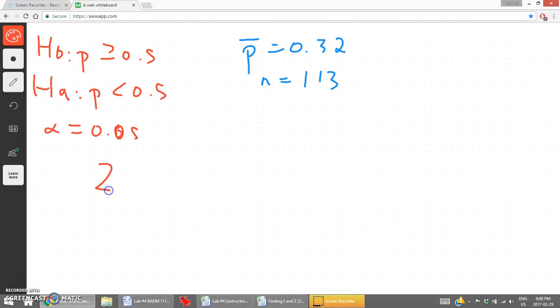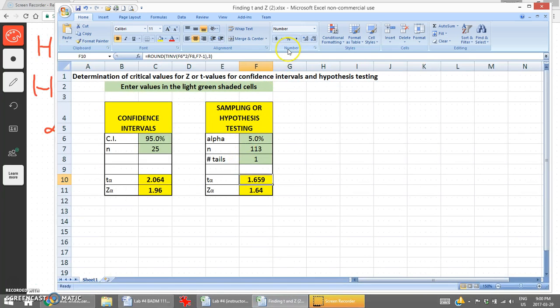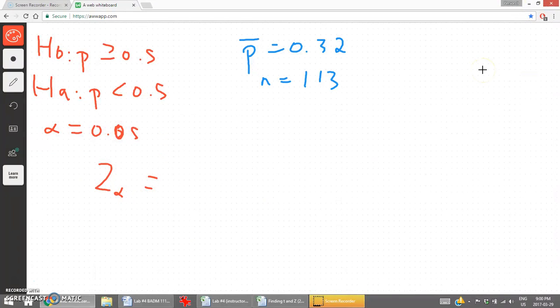For a proportion, we can use a Z value for a critical value. In order to find that Z value, we can go to the same finding T and Z chart. 5% level of significance, 113 French fries, one-tailed test. There is our Z value, 1.64. And it would be negative because we are on the lower end of the distribution. We are concerned that the French fries are less than 50%.